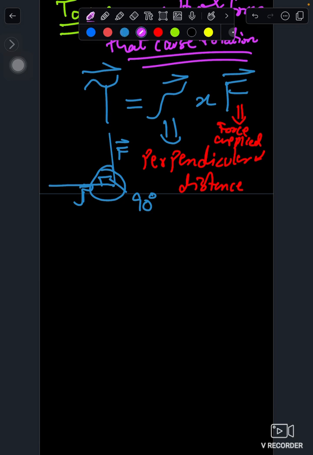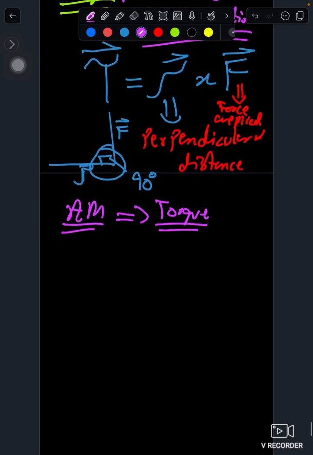This is where the IAM, intrinsic angular momentum of the electron, comes into play. Torque changes the direction of AM. Torque is the reason for the change in AM.